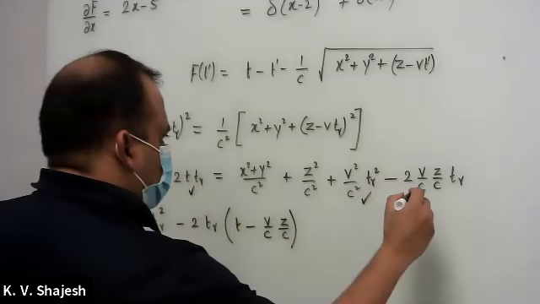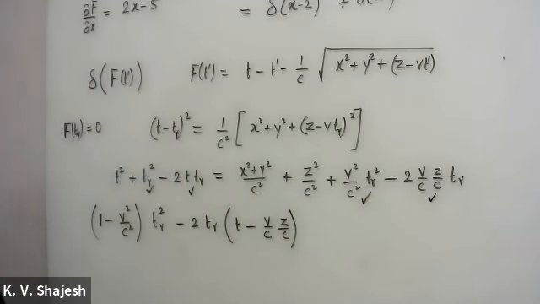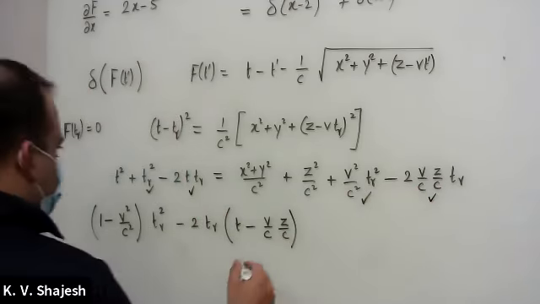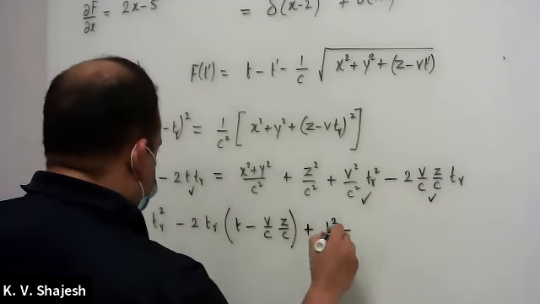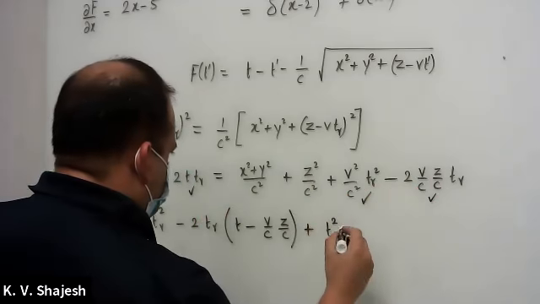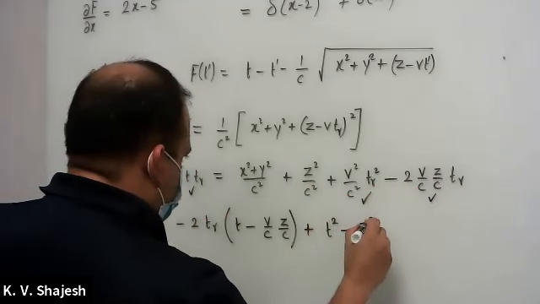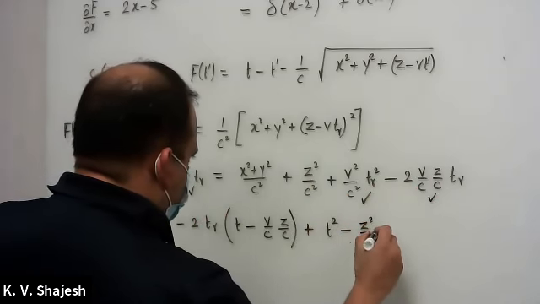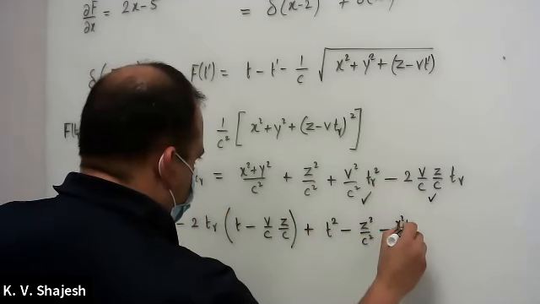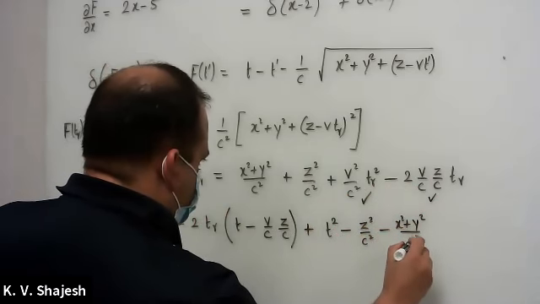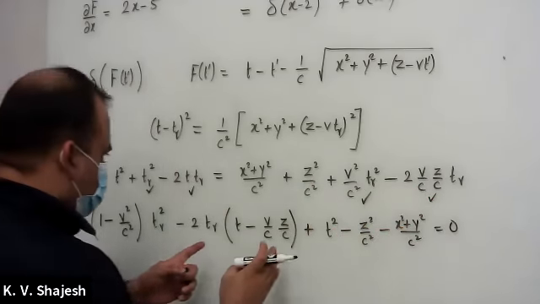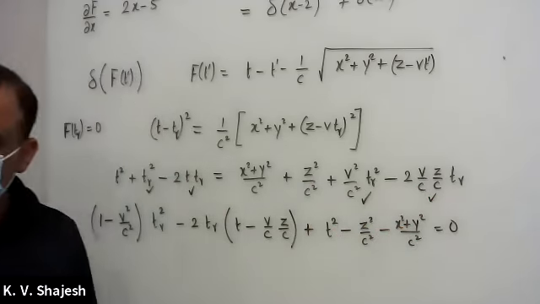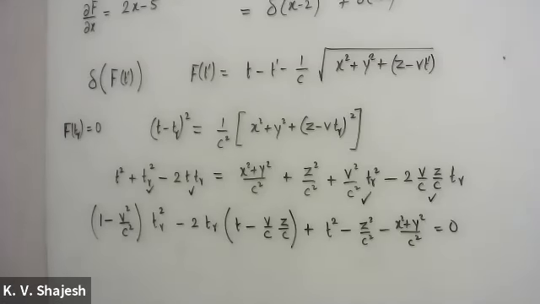So these two go away, and finally there is plus t squared minus z squared over c squared minus x squared plus y squared plus c squared. So that's your A, that's your B, that's your C in the quadratic equation if you want.